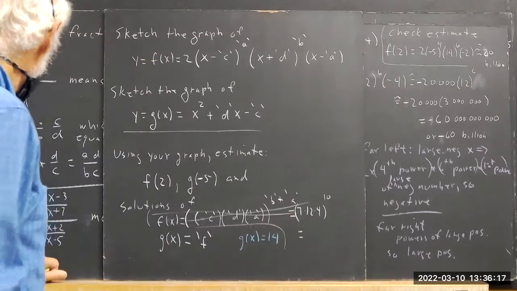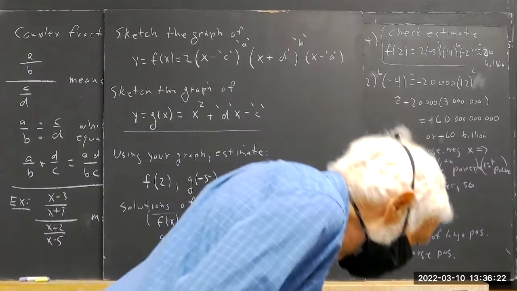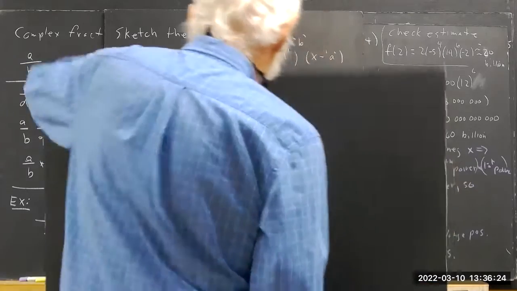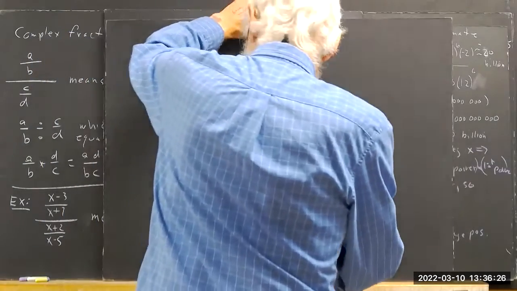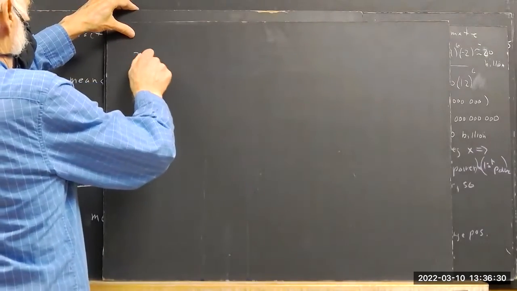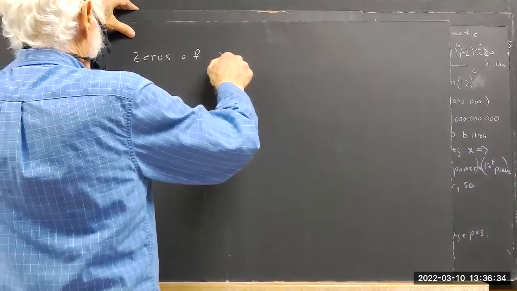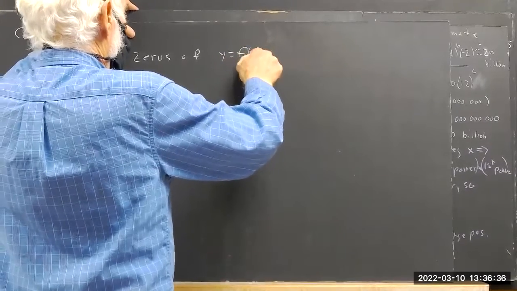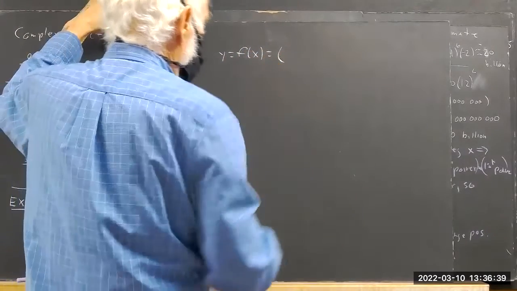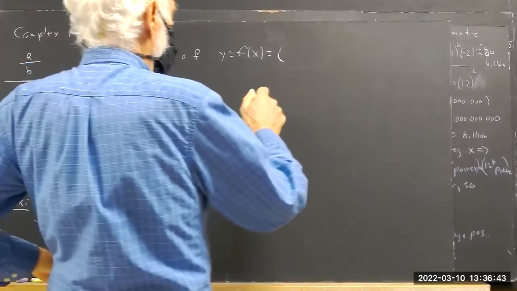All right. Okay, we want to talk a little bit about complex zeros. Give you a little more reasonable function.